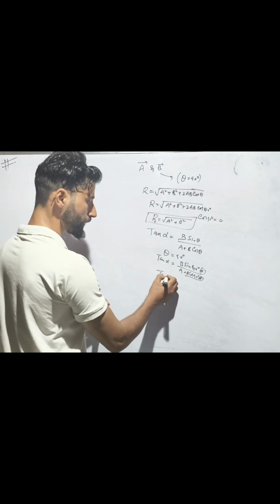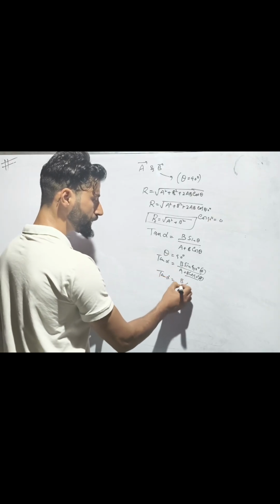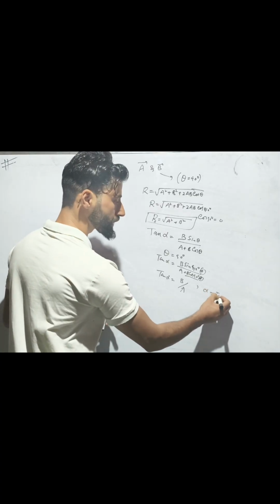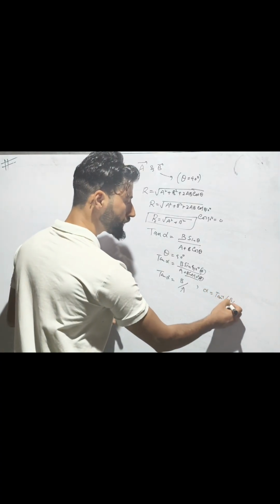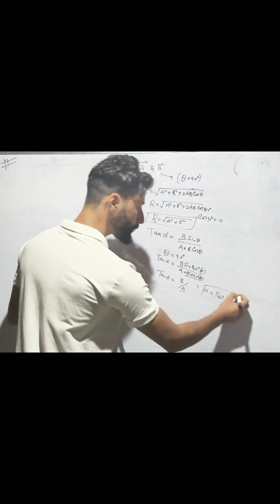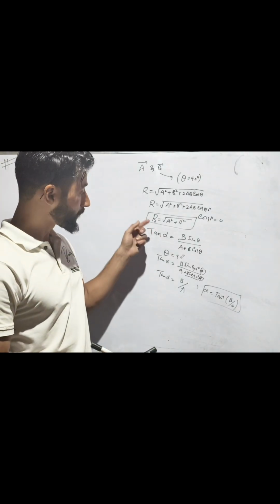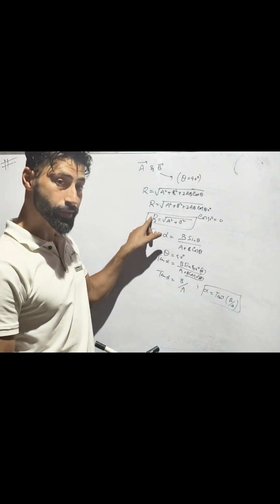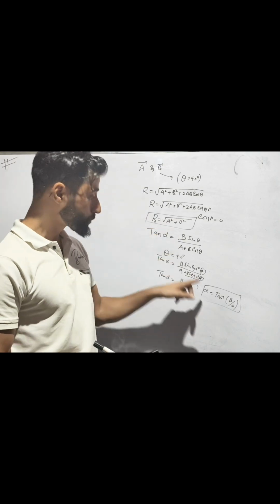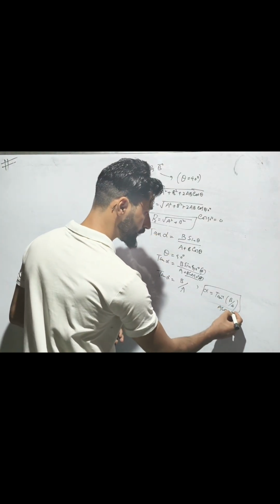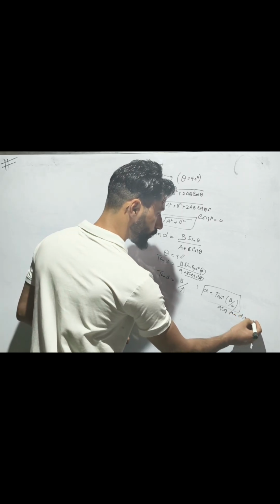So tan of alpha will be equal to b divided by a, or alpha will be equal to tan inverse of b divided by a. But we have to mention that we are checking the angle this resultant R makes with vector a, so I have to write it along the direction of a.